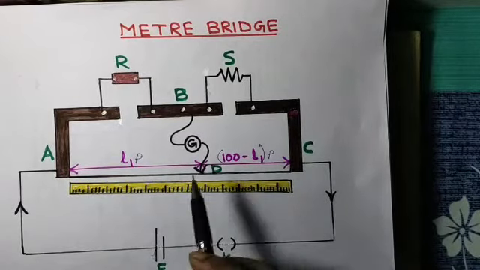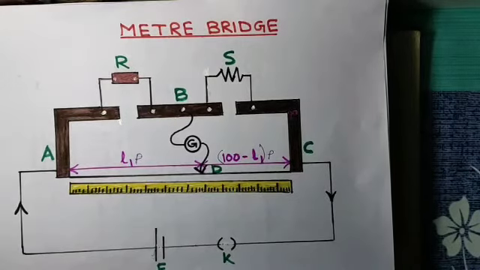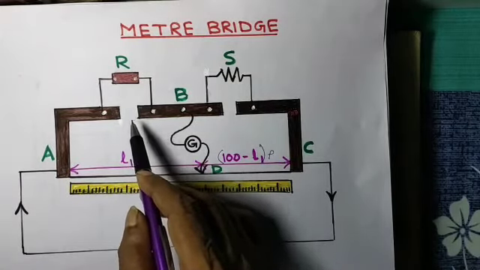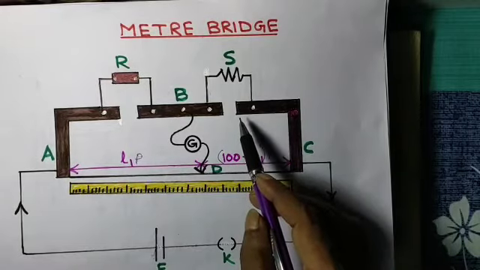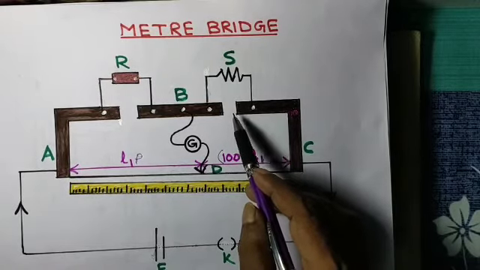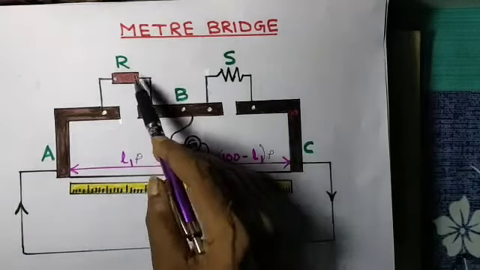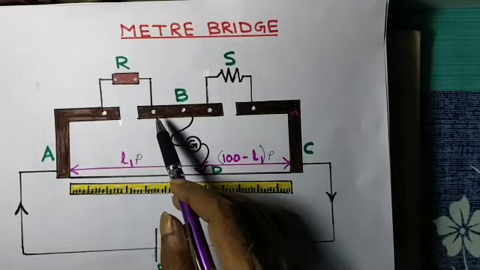It has also been shown that there are two gaps in the meter bridge. One gap is on the left side, which is called the left gap, and one gap is on the right side of the meter bridge, which is called the right gap. We have placed one known resistance R in the left gap.